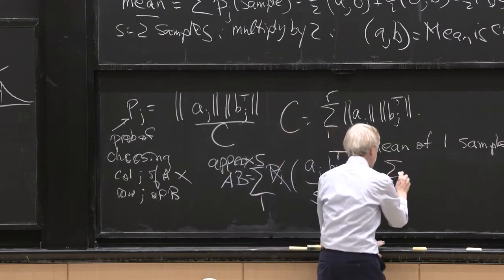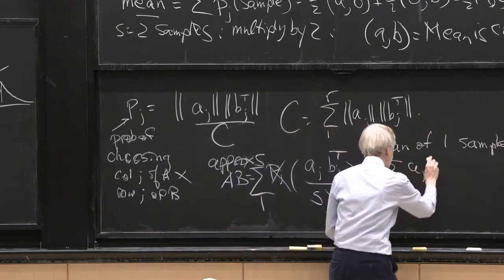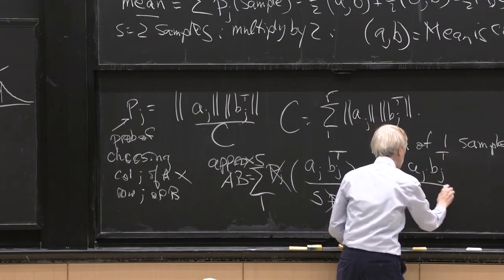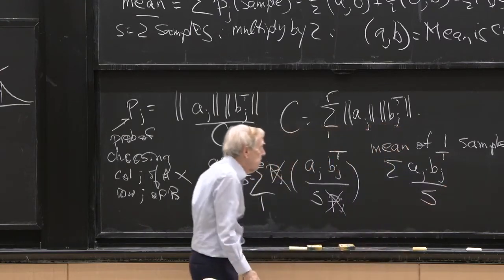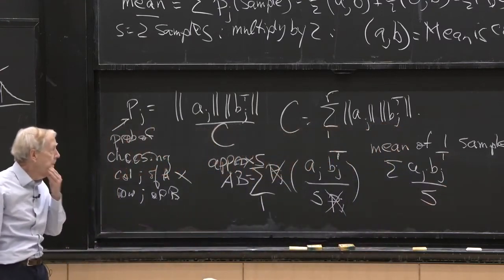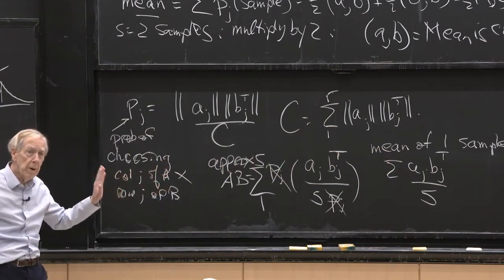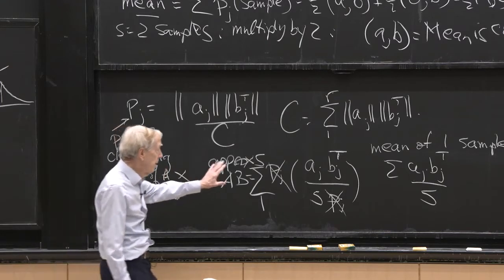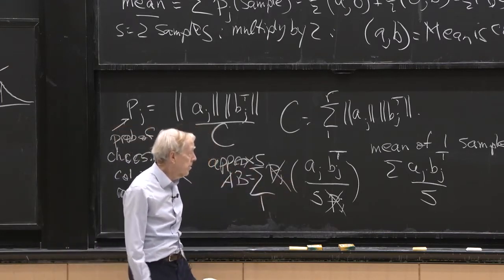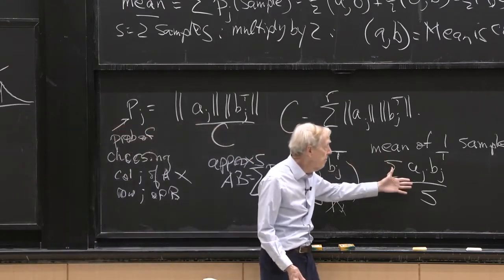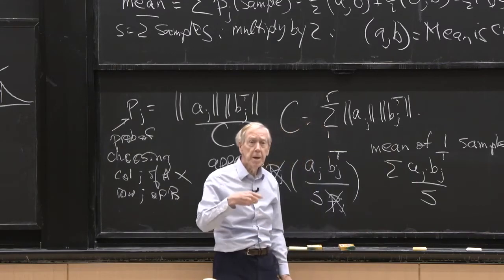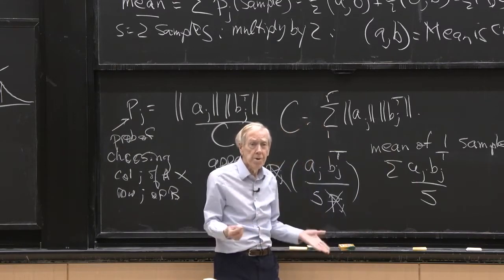So it's just the sum of Aj, Bj transpose over S. You're going to say, okay, you're wasting our time, but I just want to show that I'm getting the correct mean out of this plan. So do you see that if that's the mean of one sample, what's the mean of the sum of all the samples?